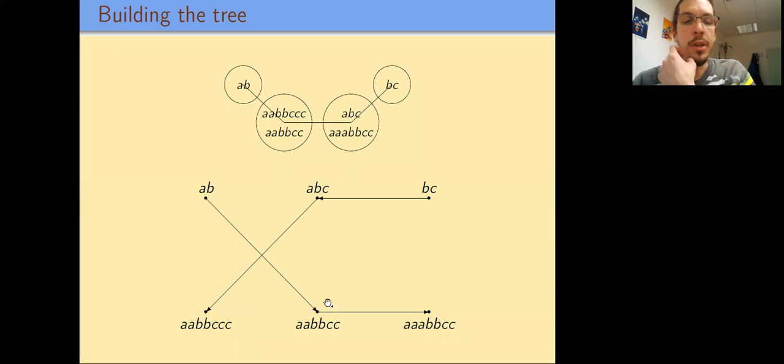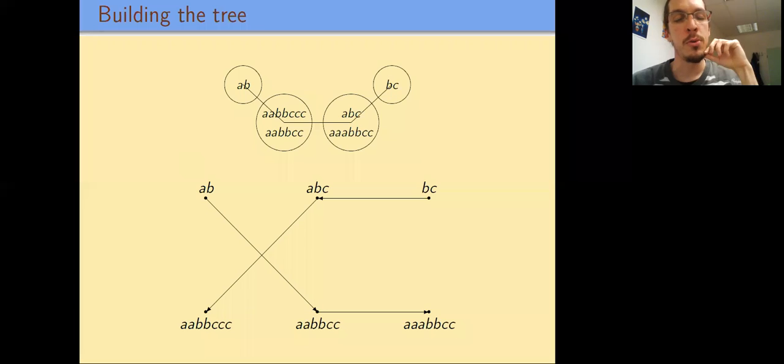Between these two, you have the two sets of the second split, ABC, AABBCC. And here you have BC and its complement here. So you get three edges for three splits, which makes sense so far.